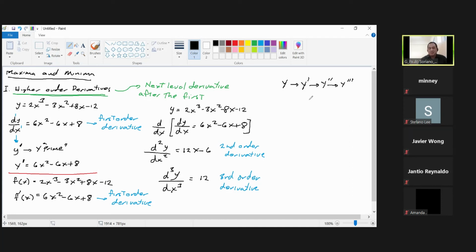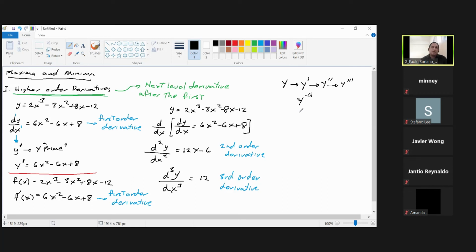It's too much, okay? So if you go to higher order, it is now going to be y dot 4, y dot 5, y dot 6, okay? But this is now for very, very advanced mathematics.